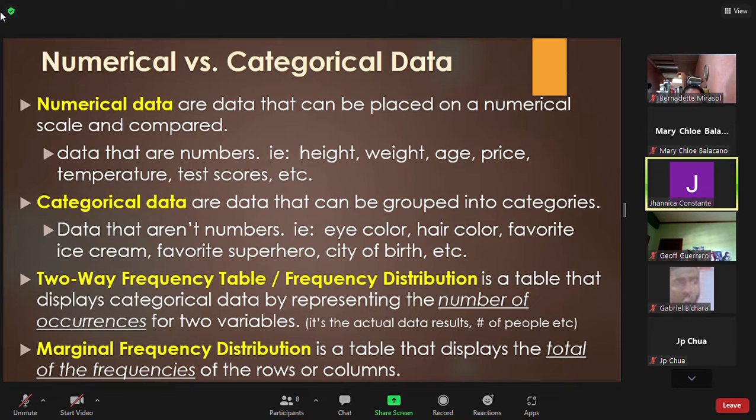In a two-way frequency table, there is no column or row for the total number of the set of data that we have, while in the marginal frequency distribution, there's a row and a column for the total number of the set of data that we have.